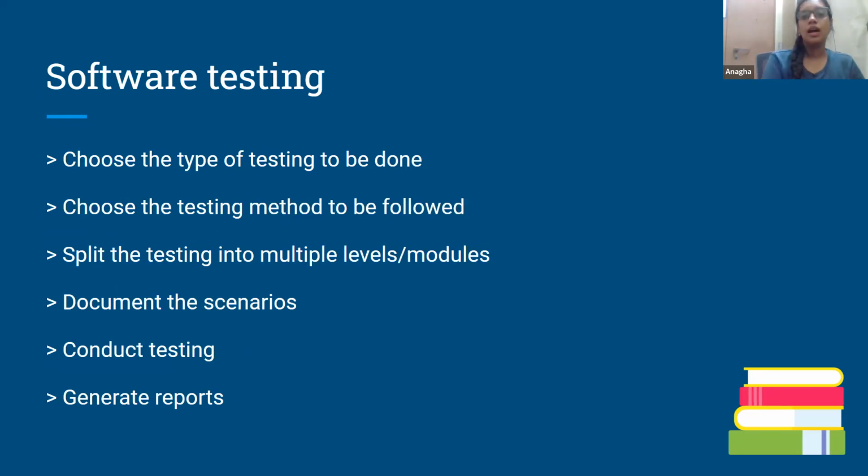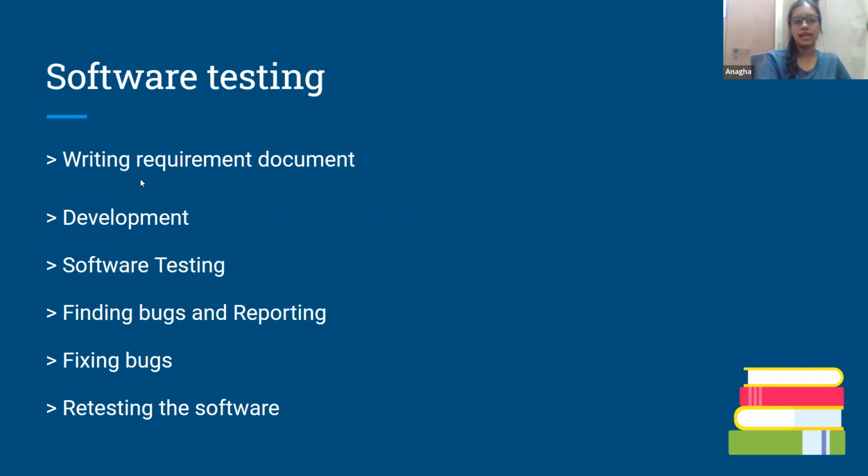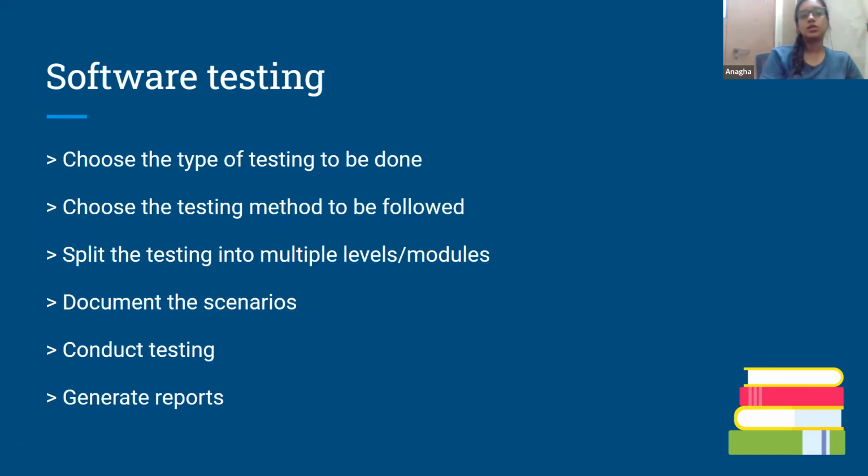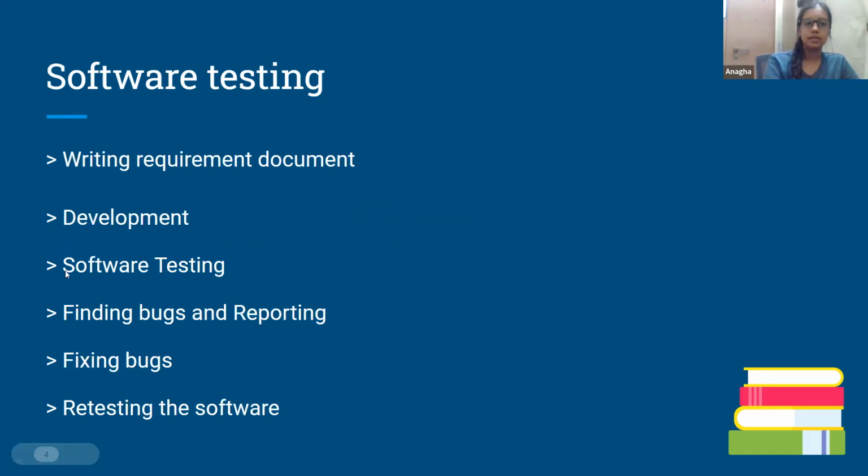As I was telling, each and every stage here is split into different categories again. We will not talk in detail today itself, because we have a course ahead of us. Let's come to software testing in particular, the third phase.